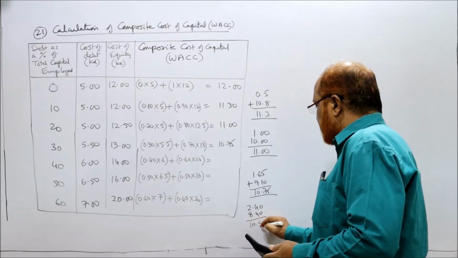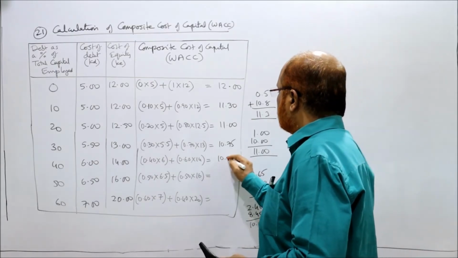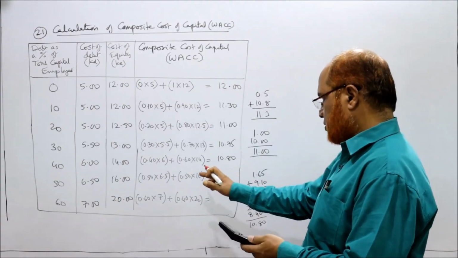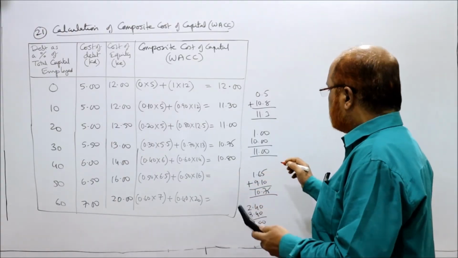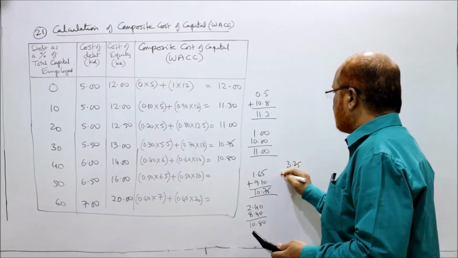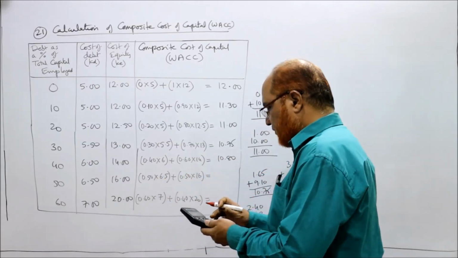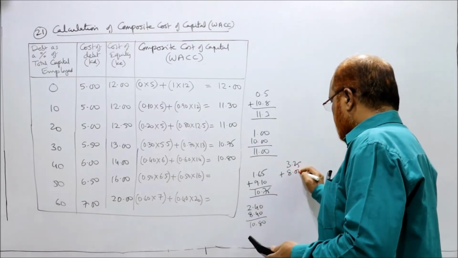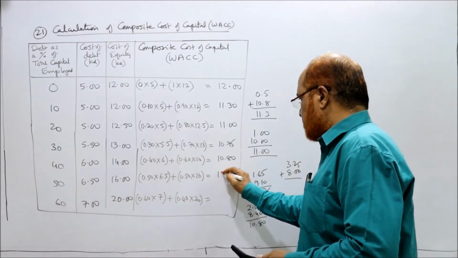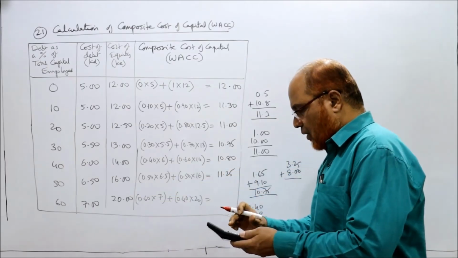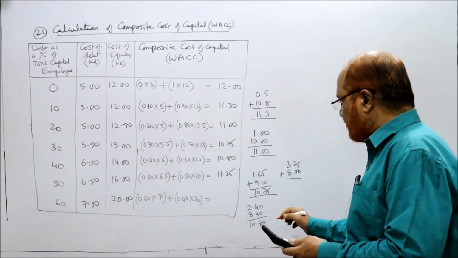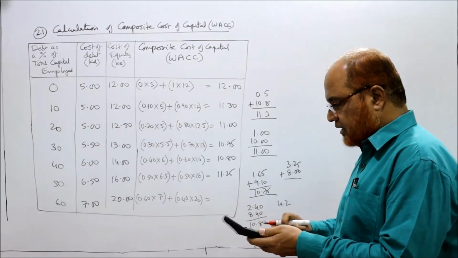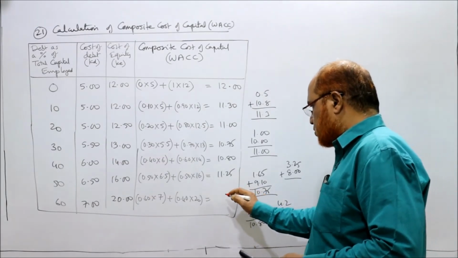So 10.80. Here 0.5 into 6.5, 3.25, plus 0.5 into 16 is 8. 3.25 plus 8, 11.25. Last one, 0.6 into 7, 4.2, plus 0.4 into 20, that is 8, 12.2.